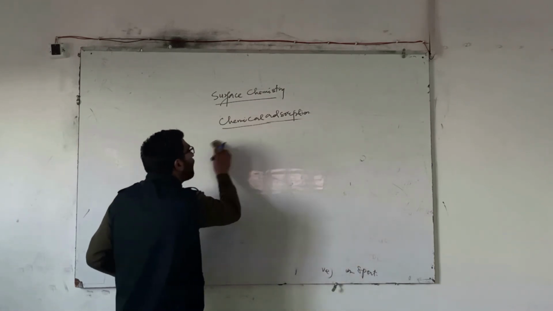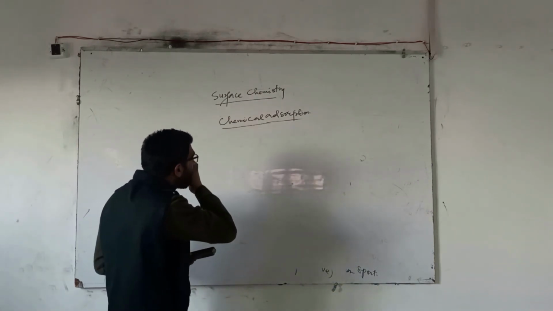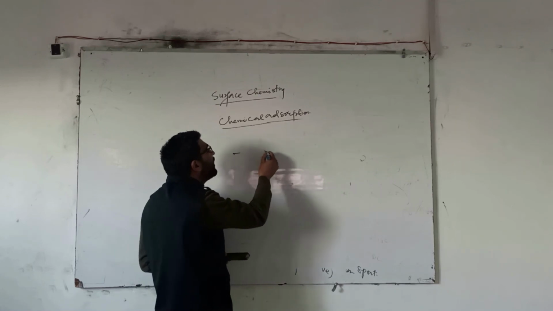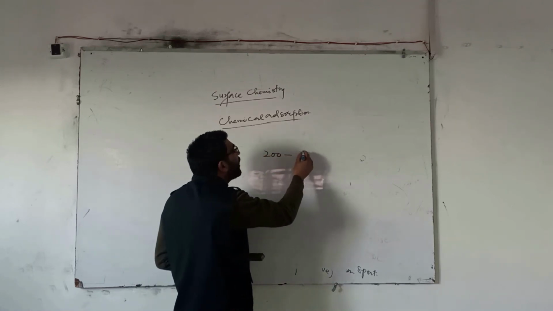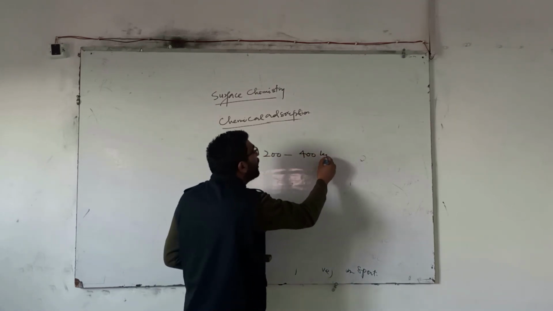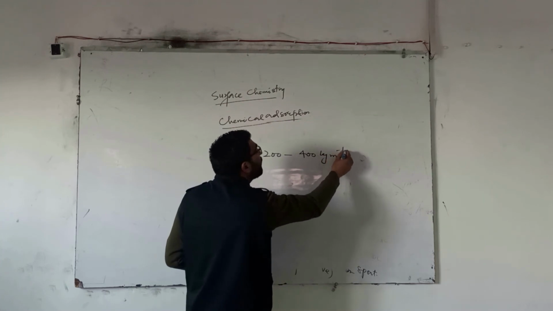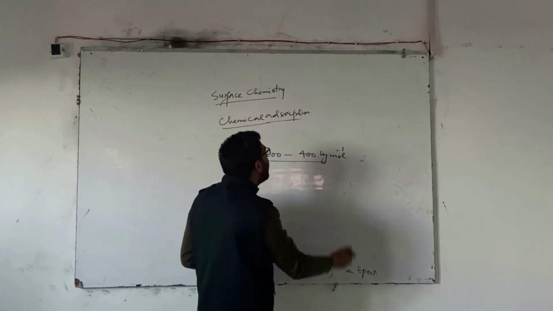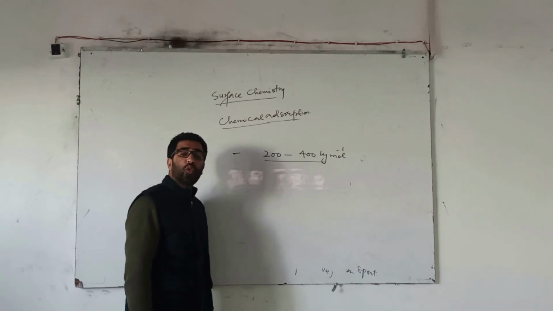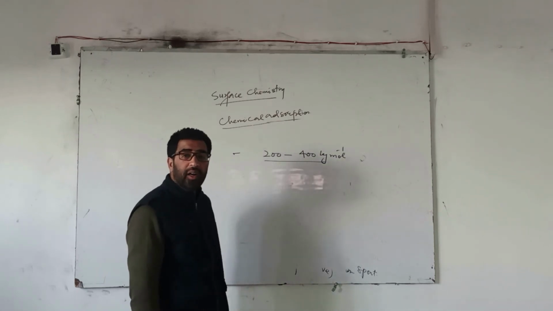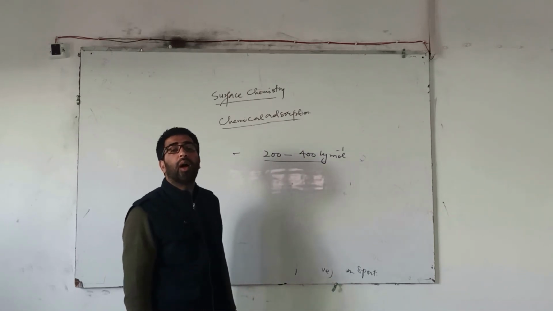The second important point is that during chemical adsorption there is release of 200 to 400 kilojoules per mole of energy. How much is released? It is 200 to 400 kilojoules per mole of energy.